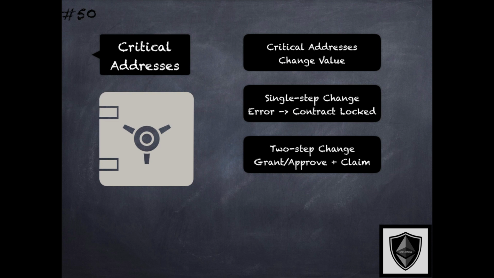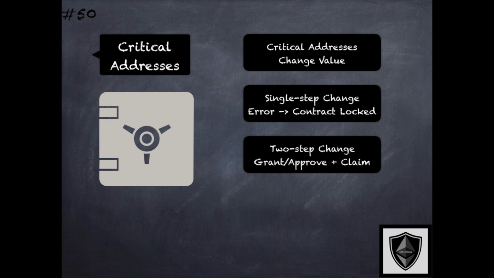The mitigation here, or the best practice, is to move away from a single step change and to move to what is known as a two-step change, where the first step grants or approves a new address as being the owner or as being that changed address. And the second step is a transaction from the new address that claims itself as being the new owner or as being the new address.